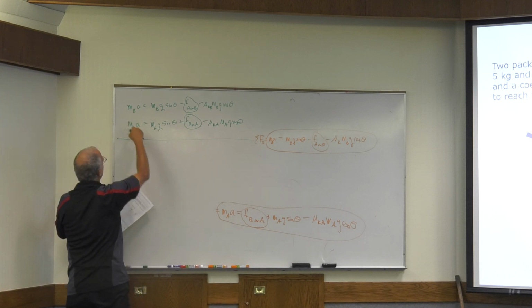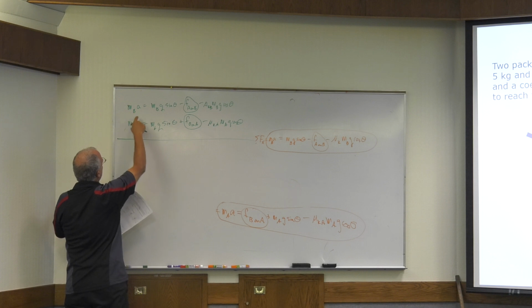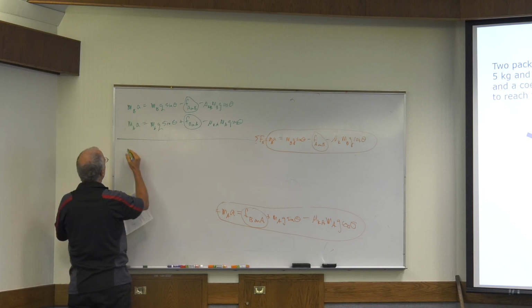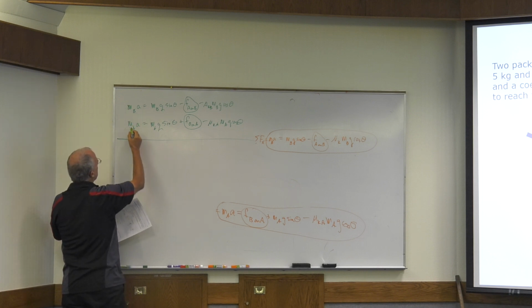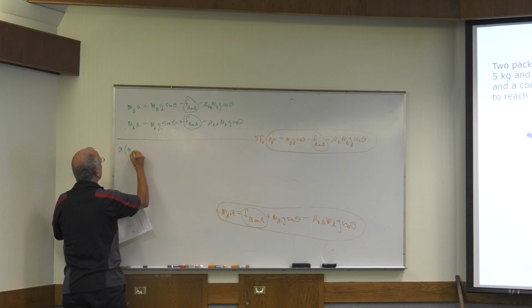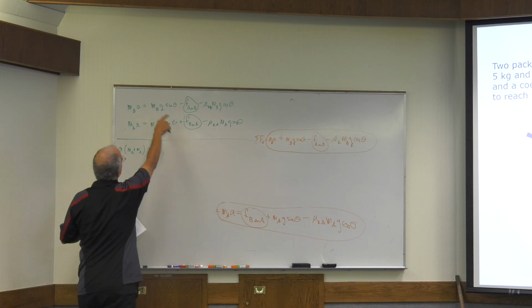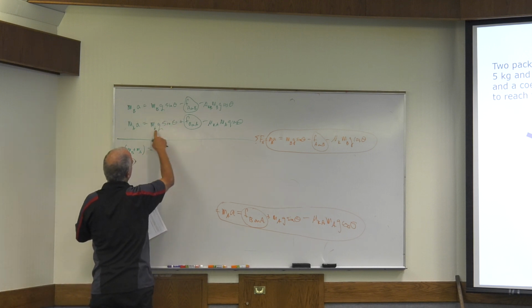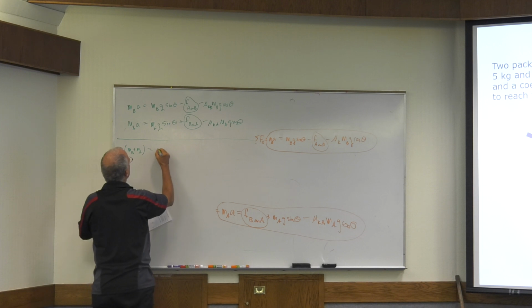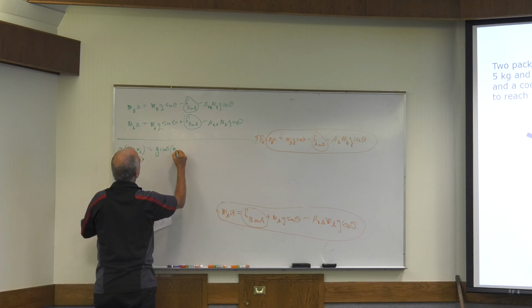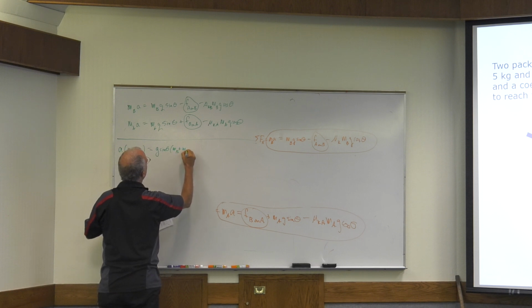So let's do it. This is going to be MBA plus MAA, the same thing as just A times MB plus MA. This is going to be MBG sine plus MAG sine, the same thing as G sine theta times MB plus MA.